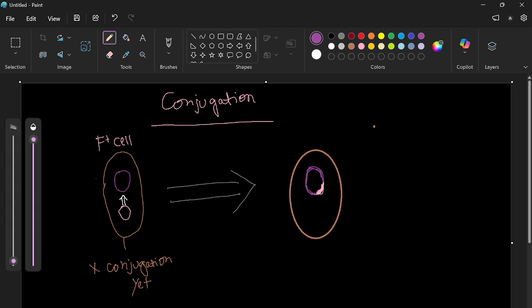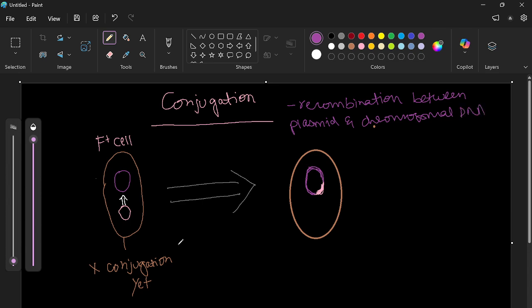same cell. Okay, similarly, let me just write it here: recombination between plasmid and chromosome DNA in the same bacterial cell basically.